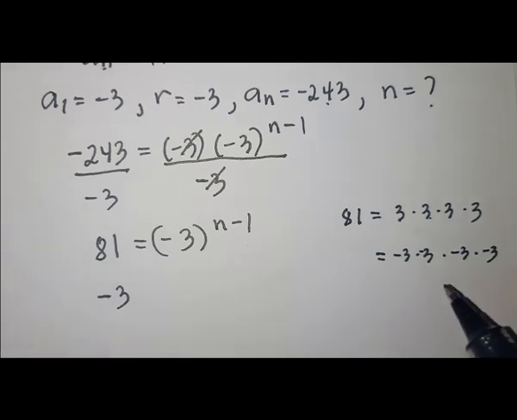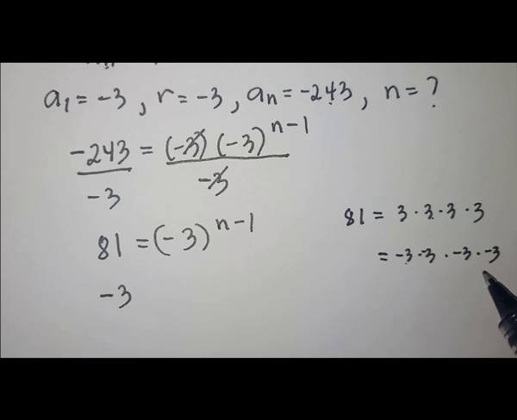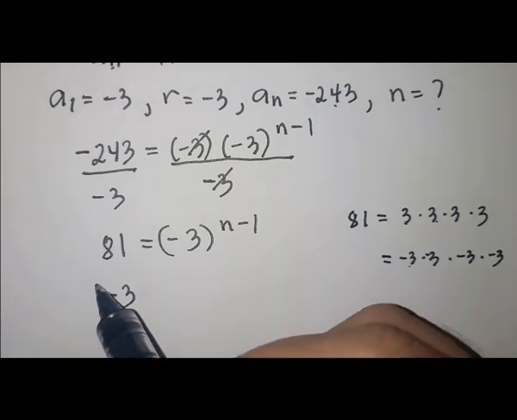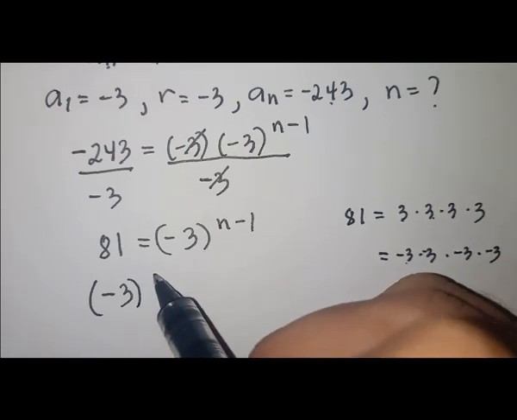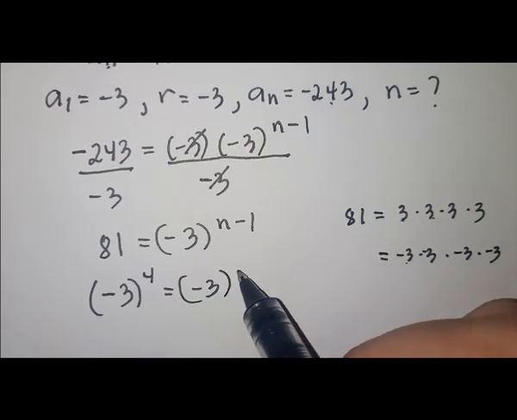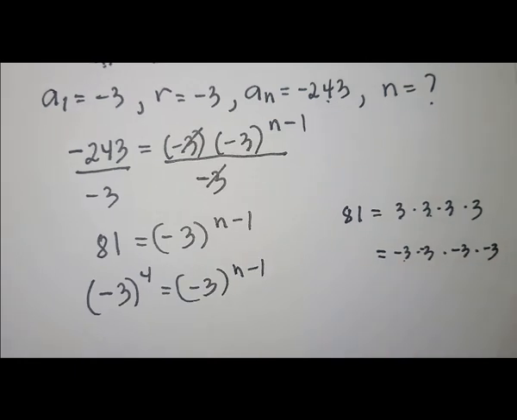Okay, so try natin. Negative 3 times negative 3, we have positive 9. Times negative 3, we have negative 27. Times negative 3, we have positive 81. So, ibig sabihin, yung 81, pwede natin isulat sa exponential form na negative 3 raised to 4 equals negative 3 raised to n minus 1.